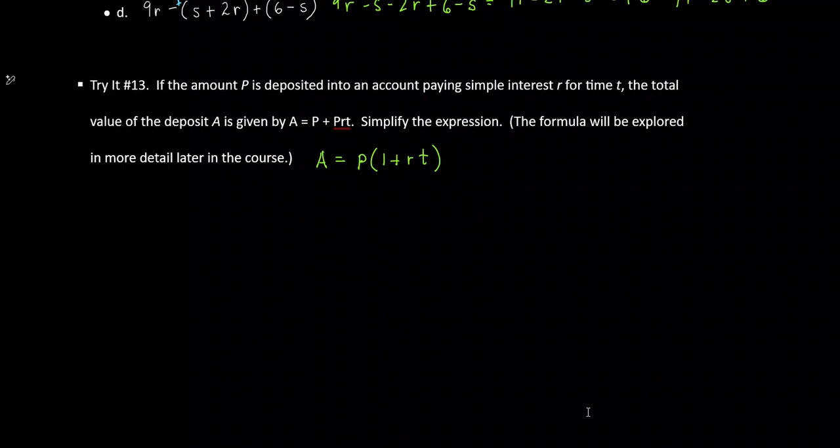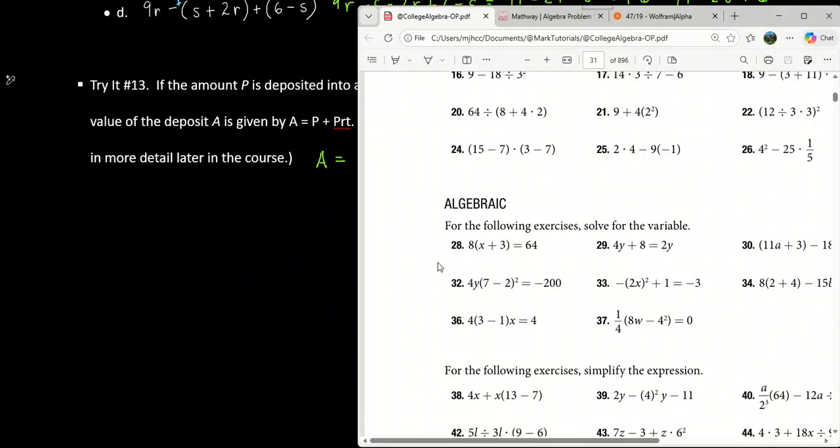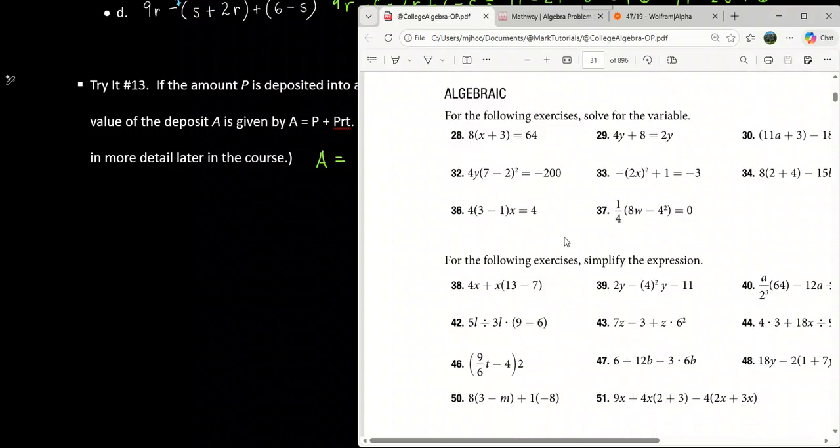Before we wrap this up, I thought it'd be good to look at a problem or two here. The practice section really didn't cover a whole lot like this section. For the following exercises, solve for the variable.